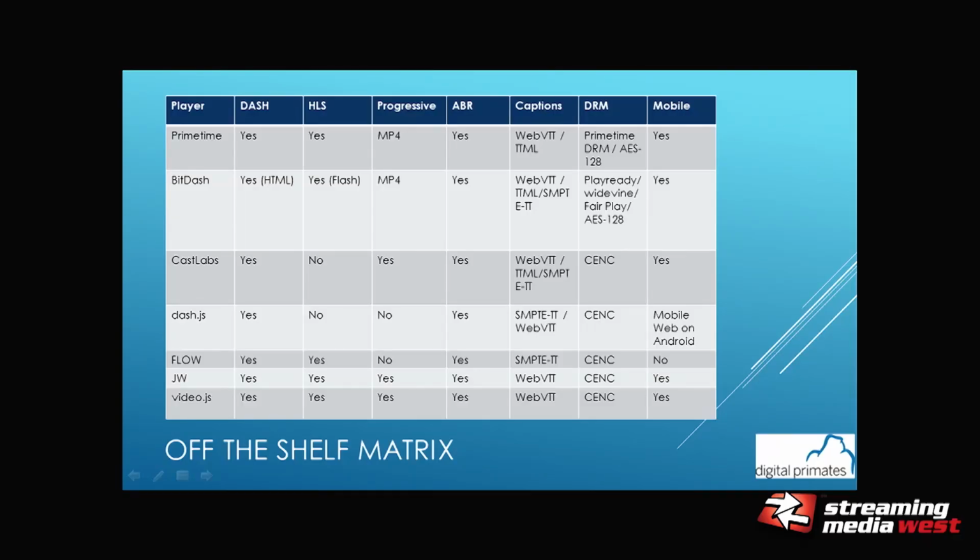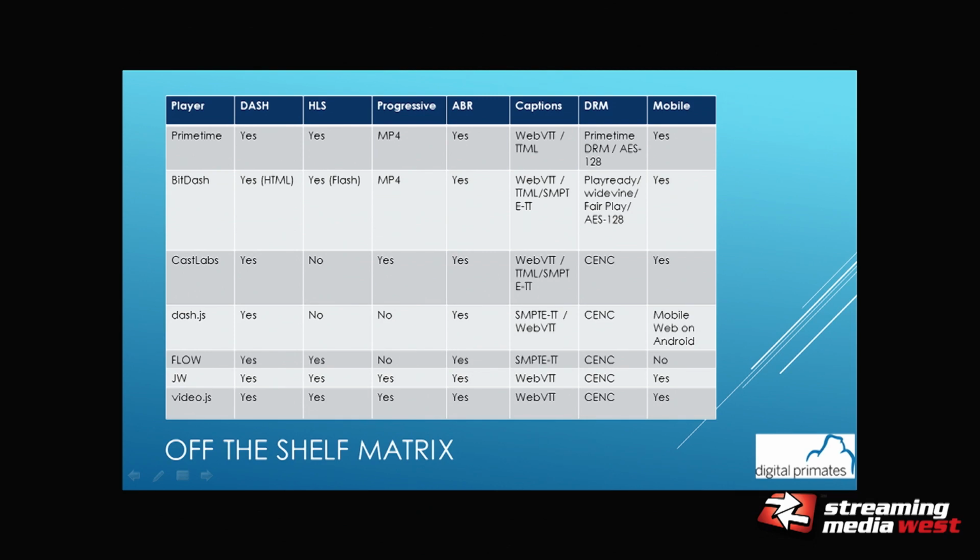And so just a quick little tour through them in terms of what is and what is not supported. So you see of the ones I've listed, again, I'm very partial to Dash, so you'll notice that these all support Dash, which is probably part of why they're the ones that are most used by my clients. Many of them also have support for HLS. Most also have support for progressive download. All of them support adaptive bitrate. They all have some version of supporting captions.